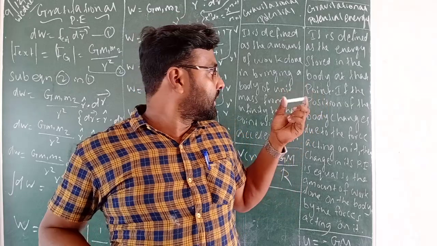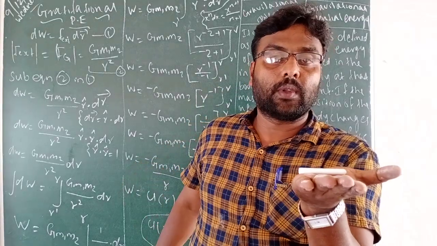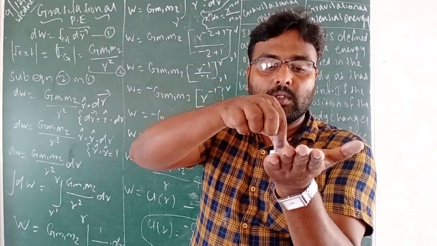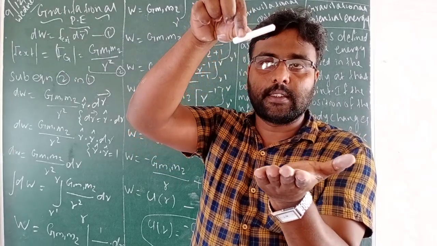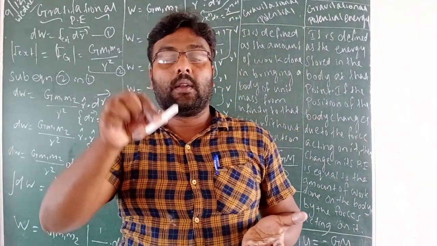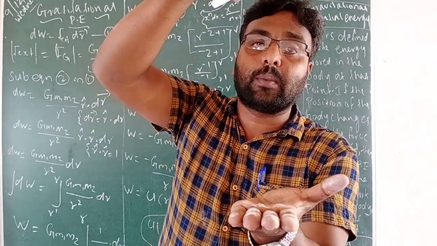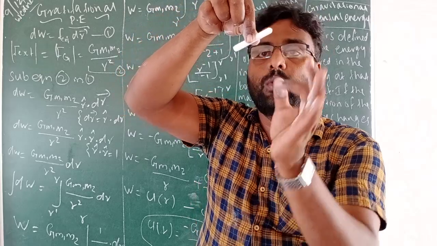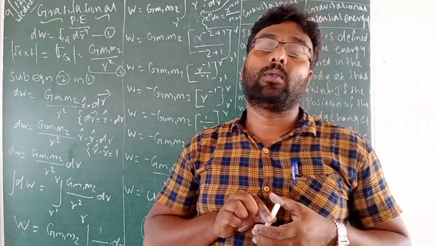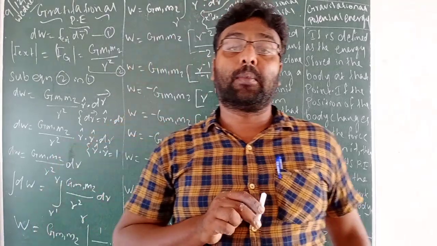If this position changes due to the force applied on this object, you are using some force to bring this object from this position to this position. Now this work done is equal to the gravitational potential energy, U is equal to minus GMm by r.